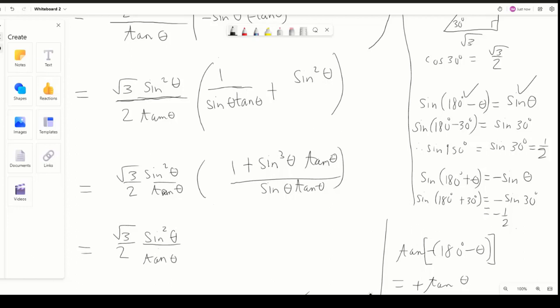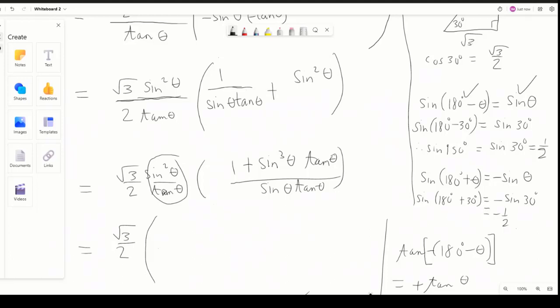Let's see here now what happens. Let me multiply out now. I think it's okay now because we have got one term there. What I'm going to do now is leave the square root of 3 outside. I'm going to multiply this by what's inside there.